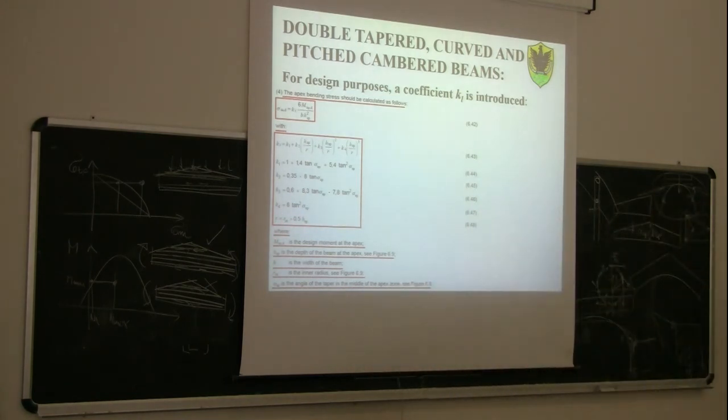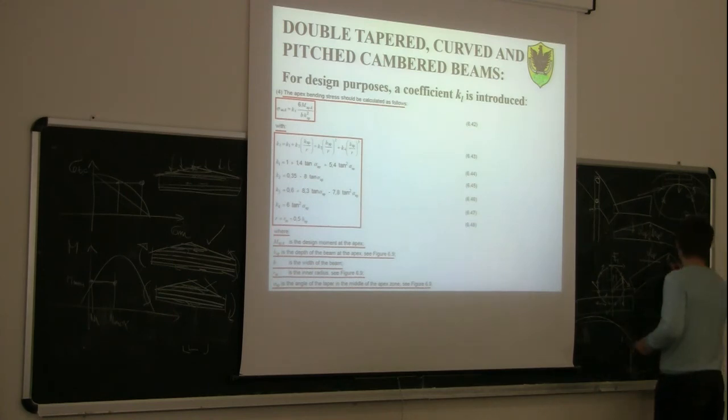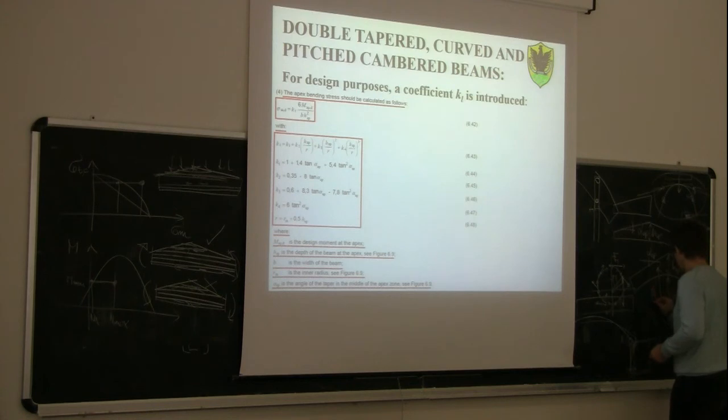For example, in this case, this is h ap, this is alpha ap, this is r in, and r is this value here, this value in the middle.